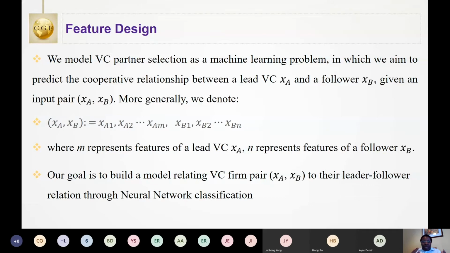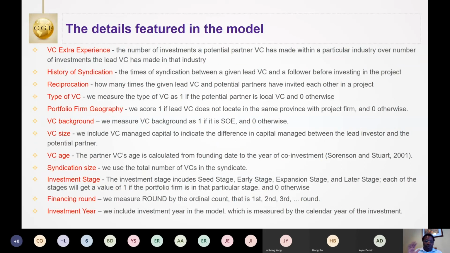We capture the full array of those variables in the literature, and just summarize them here. The data is featured in the model. It captures the VC experience, the history of syndication, reciprocation and trust that we looked at, and the type of the VC.